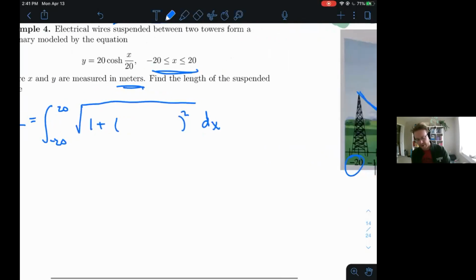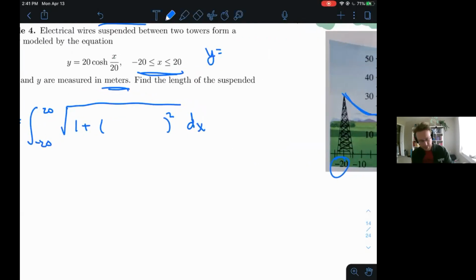Let's go ahead and take the derivative. So y prime, the 20 is along for the ride. When we take the derivative of hyperbolic cosine, it becomes positive hyperbolic sine. That's the big difference between regular sine and cosine and hyperbolic sine and cosine: cosh just goes to sinh. Leave the inside alone, and then multiply by the derivative of the inside.